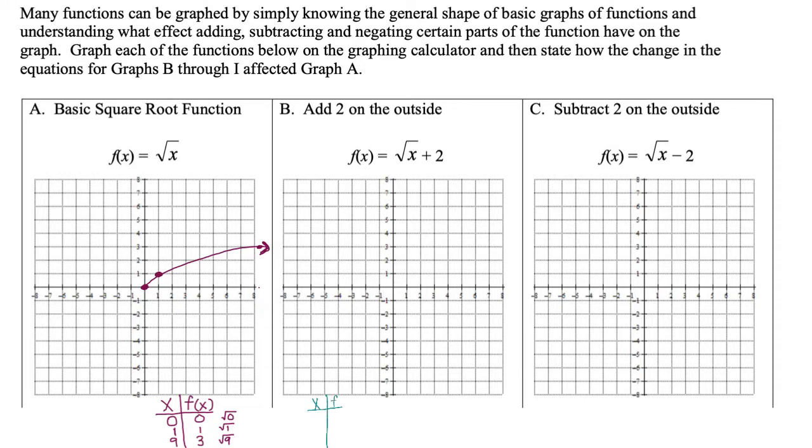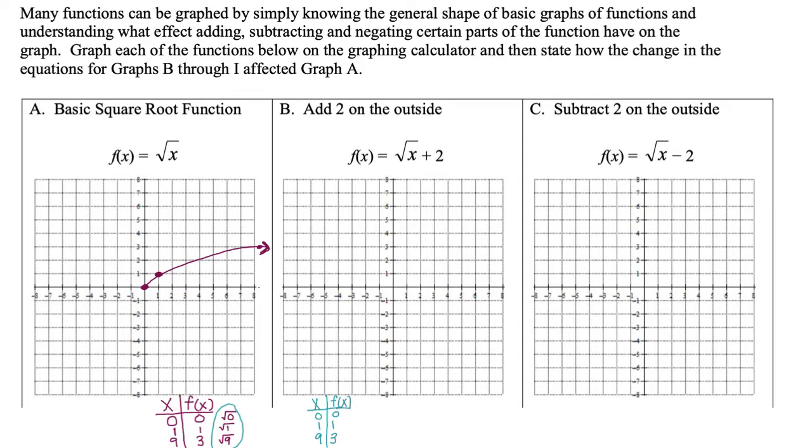Yes, please write this down because you are going to have questions where I want to see the t-chart. And you had 0, 0, 1, 1, and 9, 3. And again, where that came from was right back over here. And so you've got, again, those basic points plotted.